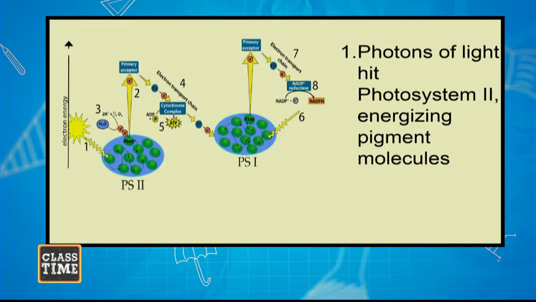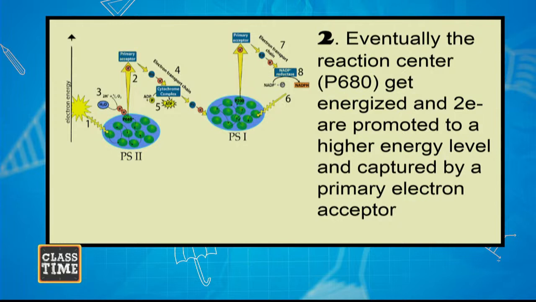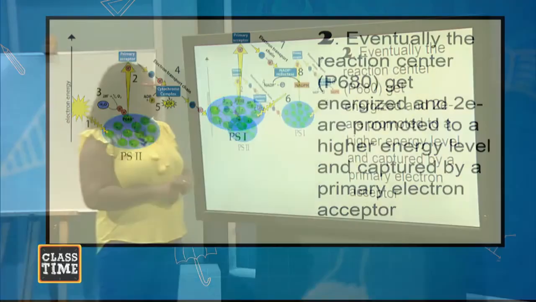First thing to happen, and we start with photosystem 2, is that our photosystems are hit with light coming from the sun preferably, because the sun will have enough energy to energize our molecules, so that the reaction center, which is a specialized chlorophyll molecule, gets energized enough so 2 electrons are elevated to a higher energy level so that they can be captured by a primary electron acceptor.